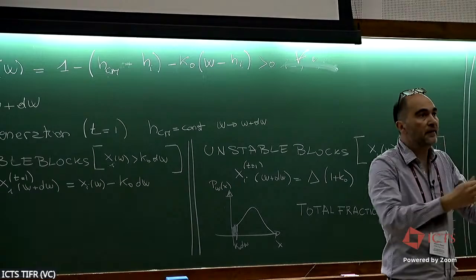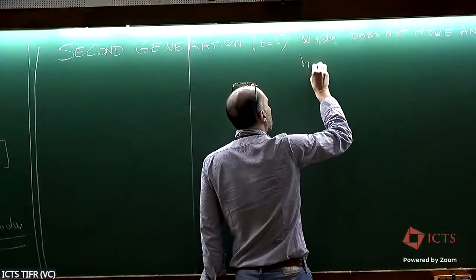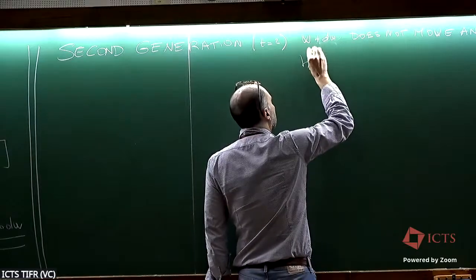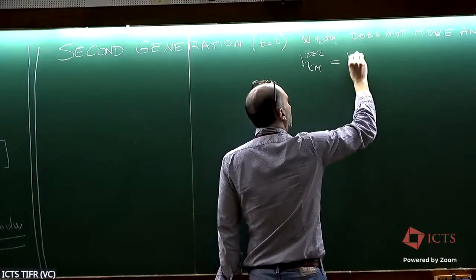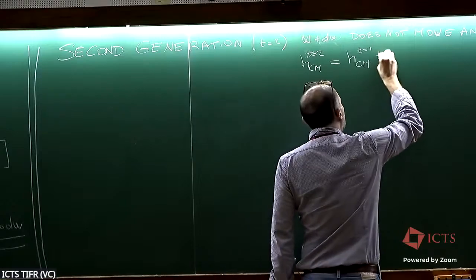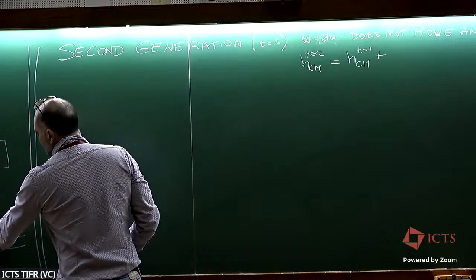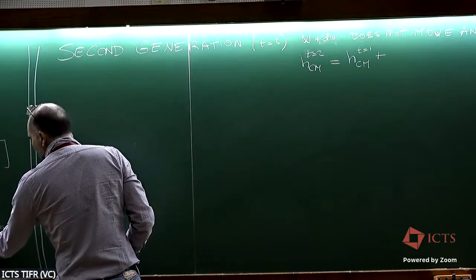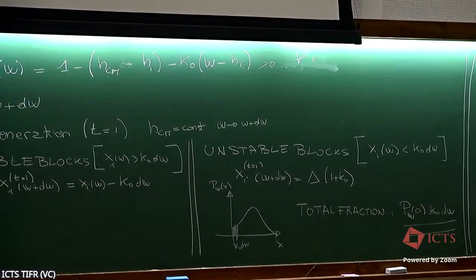Because the interface moved, so the center of mass, let's say HCM at t equal 2, is equal to HCM at t equal 1, plus the total fraction that has moved, and on average, how much they have moved. And on average, everybody moves by delta.